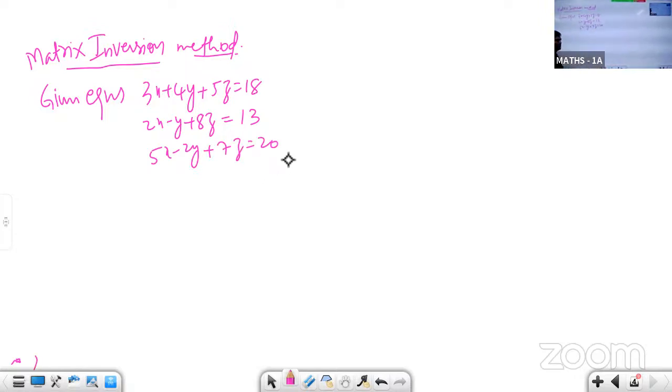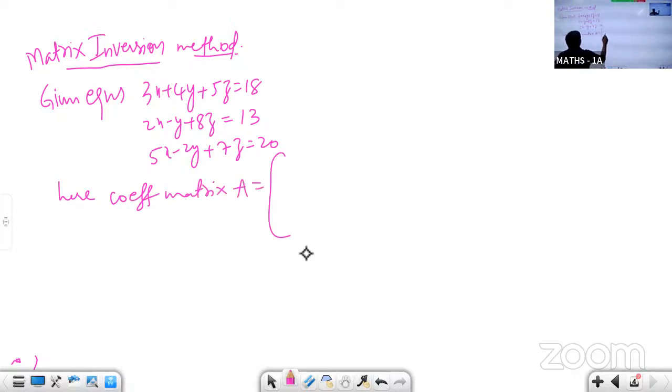See, either matrix inversion, Cramer's rule or Gauss-Jordan, you should get the correct answer. Is it clear? Means all the methods will give you the same answer. Okay. For this, now here I am going to write the coefficient matrix first. So what is your coefficient matrix?